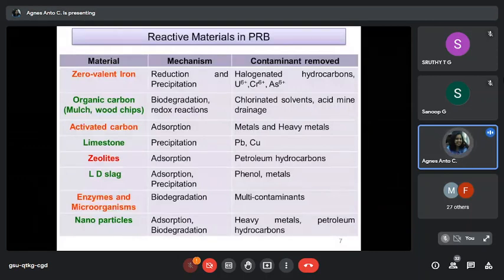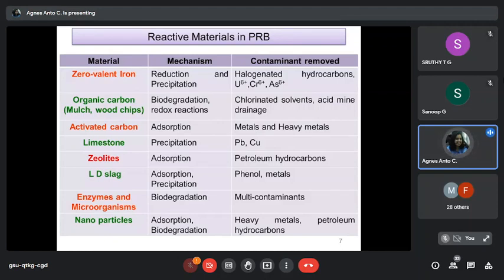So this can adsorb metals and heavy metals onto it, and thereby you can remove them from the groundwater. How to obtain activated carbon from various carbon rich sources like biochar and bone char has been researched, including how to synthesize activated carbon. So that is one good material which can be used in PRB.